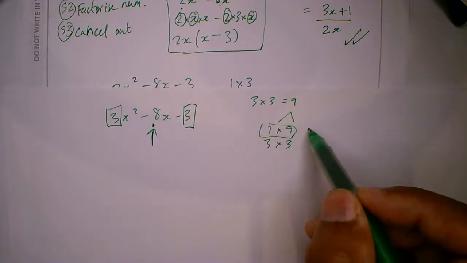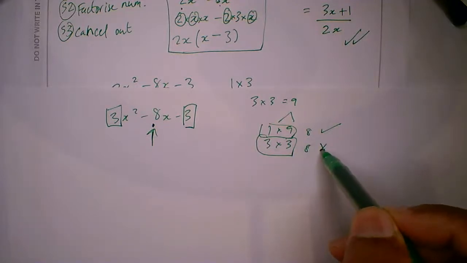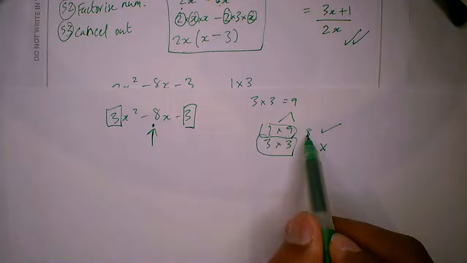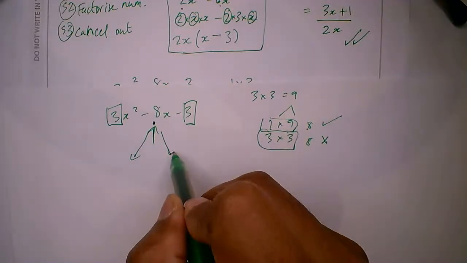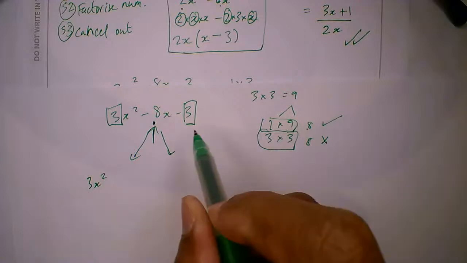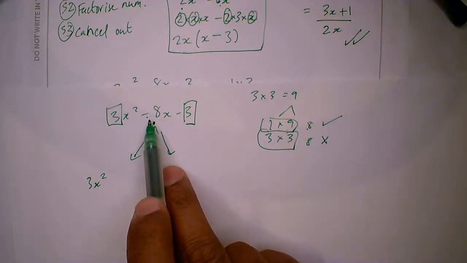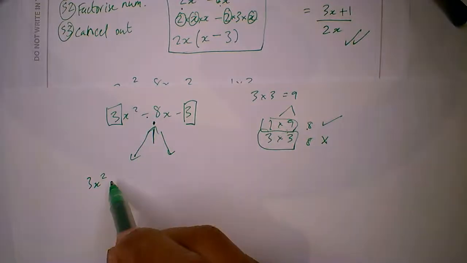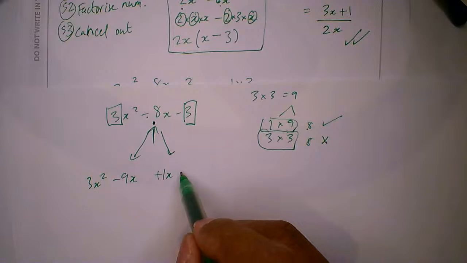Is this connected to 8? Yes, it is. Is this connected to 8? No, it's not. 9 take away 1 gives me 8. So then I'm going to split this into 2 parts. 3x squared. Because it's a negative, the bigger number will be negative. So minus 9x plus 1x and minus 3.